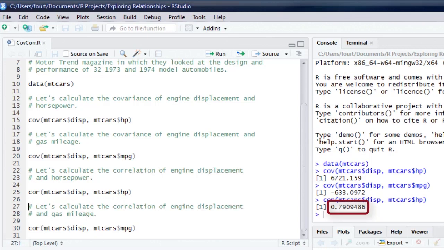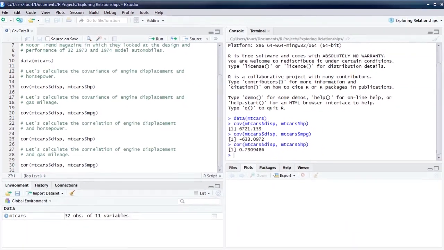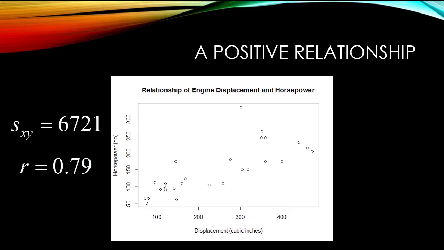This gives me a correlation of 0.79. The relationship of engine displacement and horsepower that we see in this scatter plot has a correlation of 0.79, indicating a strong relationship, because remember, the maximum the correlation can be is 1.